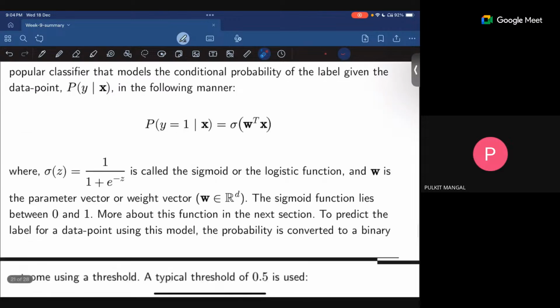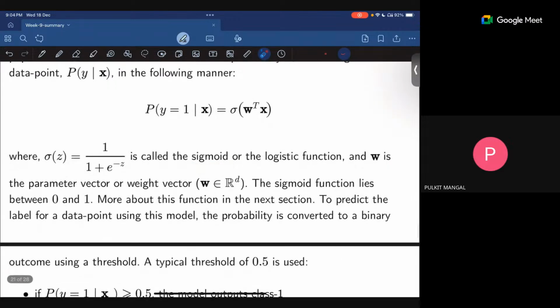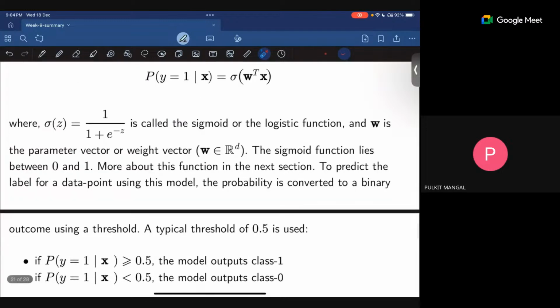This is called the sigmoid function or the logistic function. And W would always be in the same dimension in which our data points are lying. The property of sigmoid is it will lie between 0 and 1.